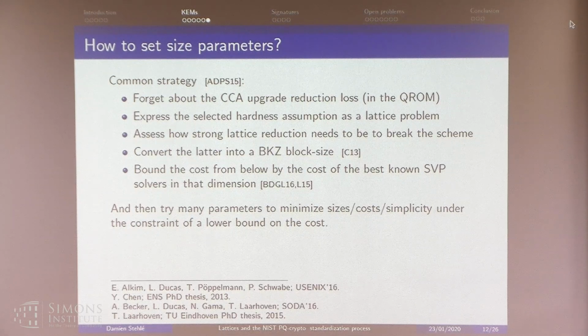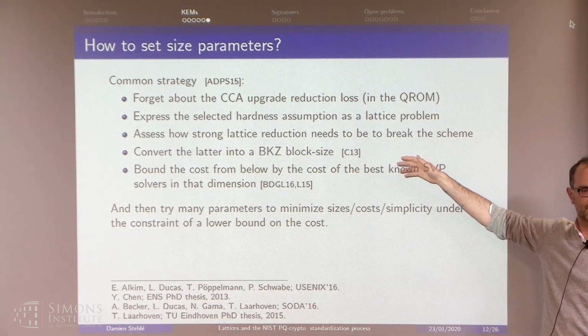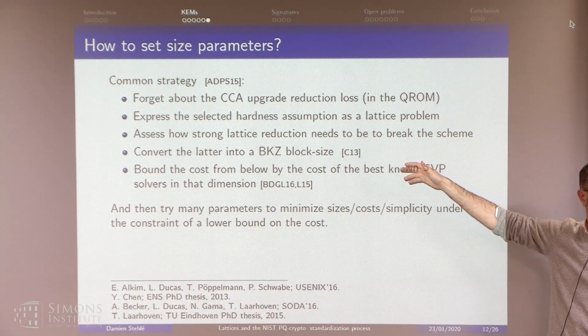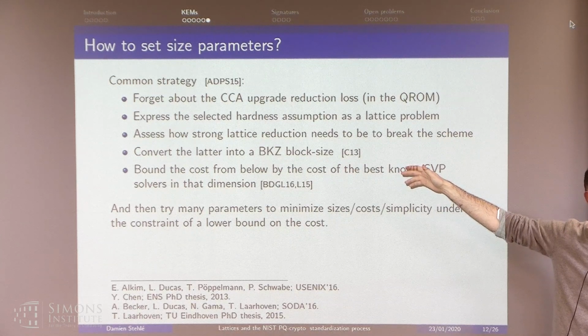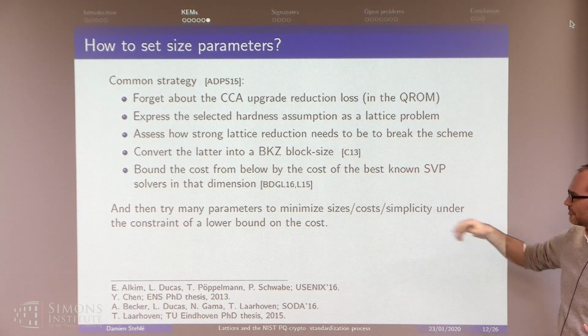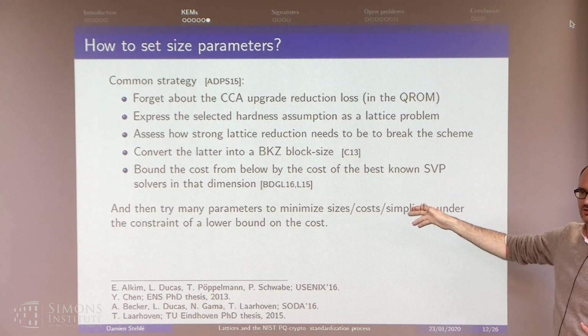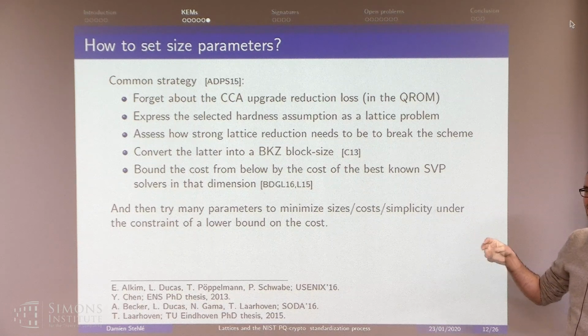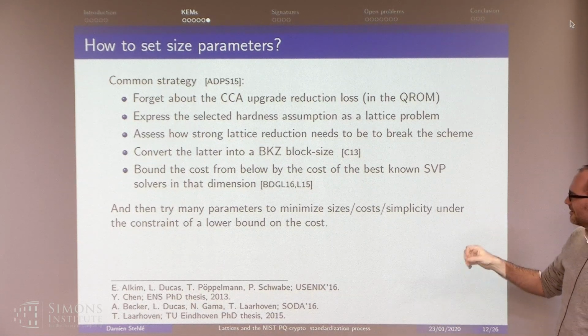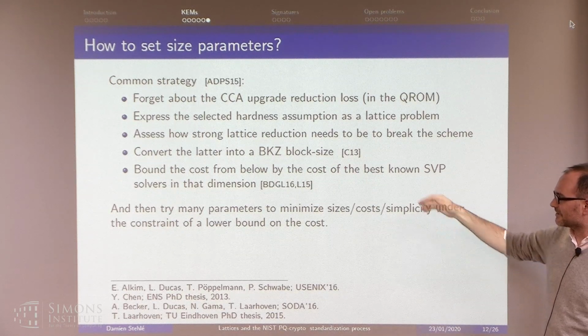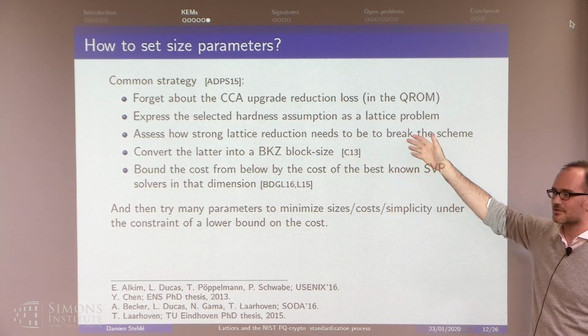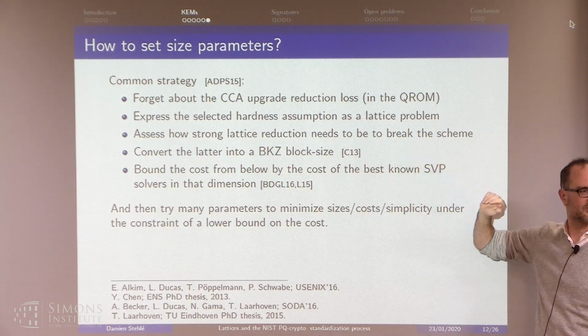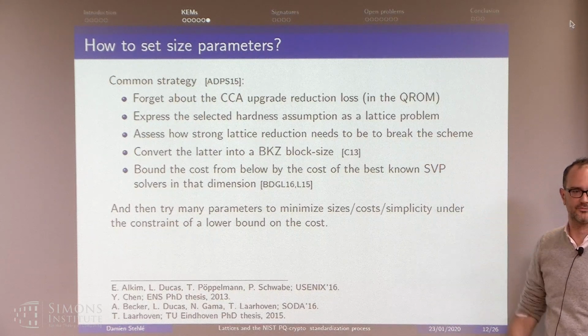That gives you how much it costs to solve a specific instance, but it doesn't tell you how to set parameters. When you set parameters, typically you try many possible choices and keep the most efficient one according to your target function for efficiency, which is at least above some security cost.